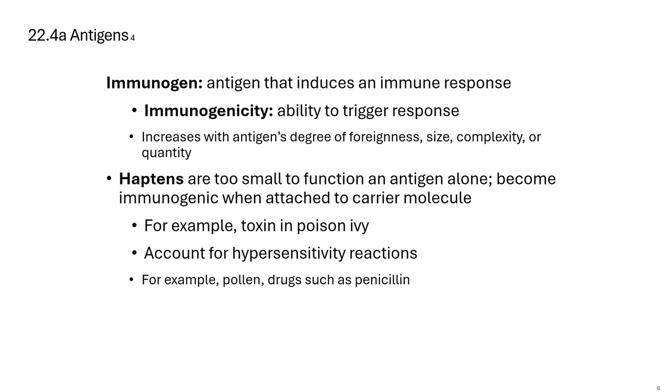It's immunogenic, it has the ability to trigger a response from our body, through our T cells and our various B cells. And then there's another term called haptens that we're not really going to focus on. These are small molecules that don't function as an antigen alone, but can if they are attached to some other molecule, like pollen, certain drugs, toxins in plants, things like that.